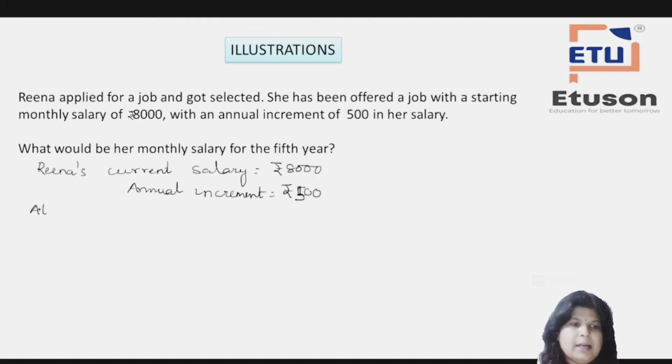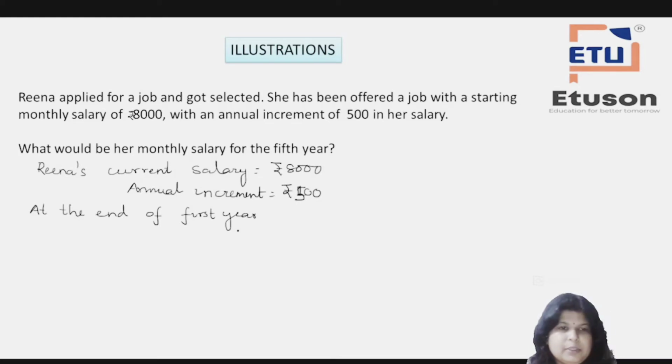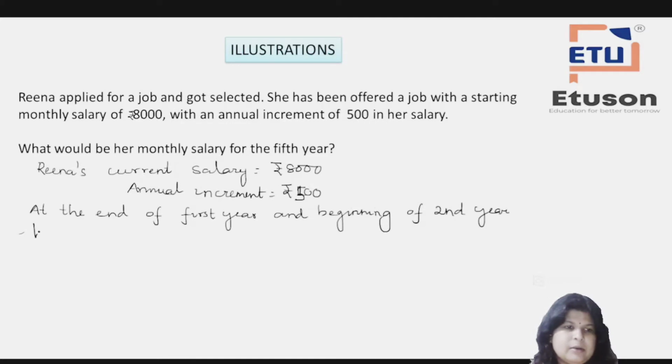So at the end of the first year, that means when she completes 1 year, that means at the beginning of the second year, her salary will be equal to current salary plus annual increment.